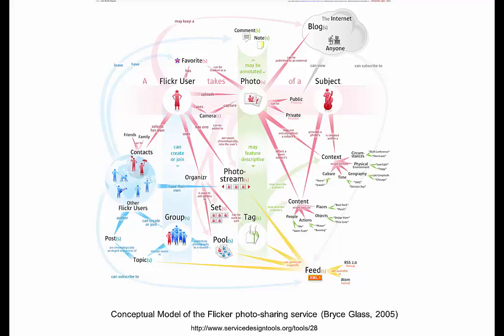So here's an example of a conceptual model of the Flickr photo sharing service. Flickr being one of these places you can upload photos to. And so this is drawn by Bryce Glass. So we've got users, we've got photographs, we've got the subject matter of the photographs, we've got content, the things in the photographs, people, actions, objects, places.